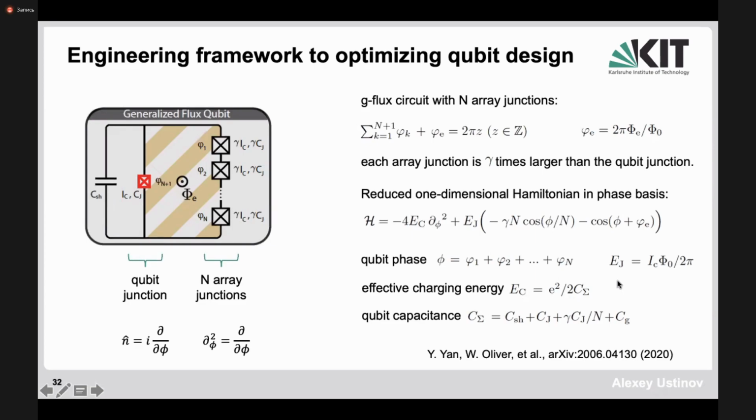So there is effective charging energy, effective qubit capacitance, which comes as a sum of all the capacitances: the junction, the shunting capacitance, the capacitance of the larger junctions, and the capacitance of the gate, which is being used for controlling eventually the qubit.